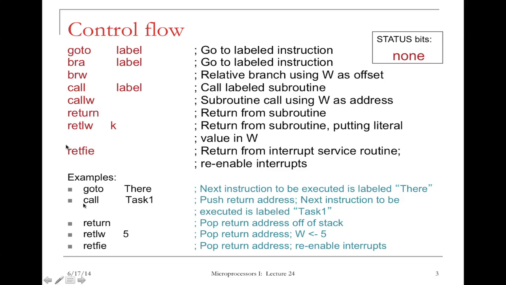The return address is the address of the instruction immediately following the call instruction, and this address is going to be pushed onto the stack. The purpose of doing this is to make sure that when the subroutine is completed, the microcontroller can come back to the correct point. Essentially, you have to come back to where you made the call.